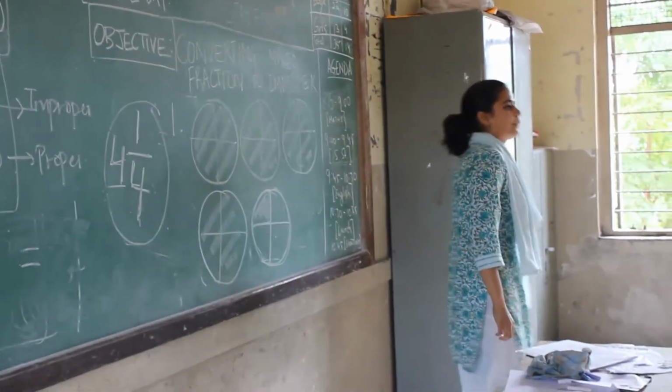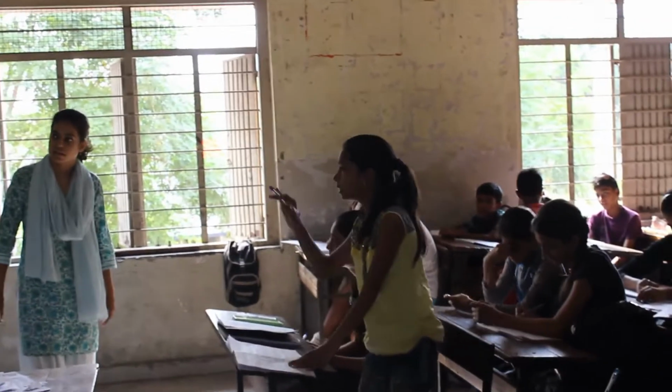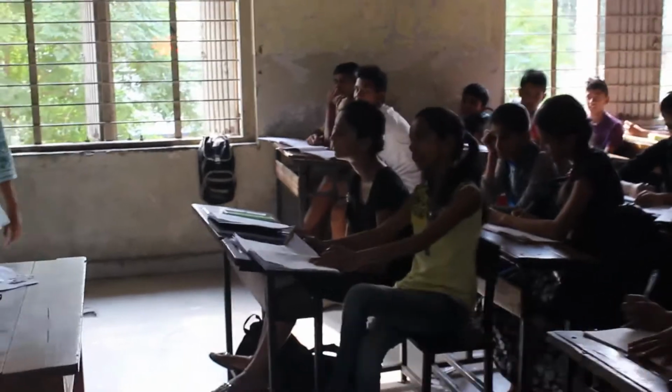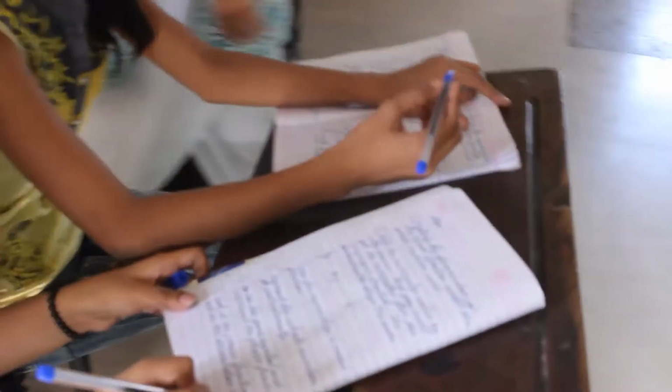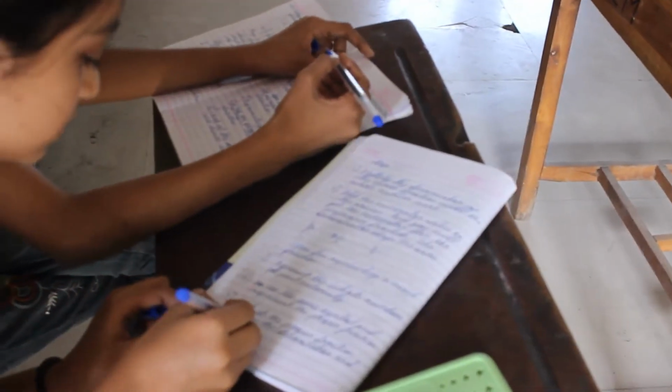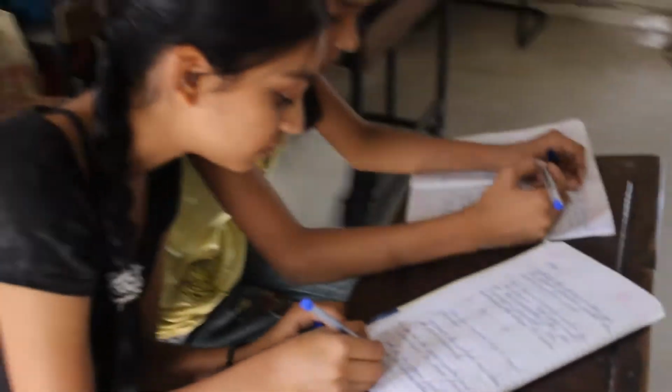Third step. Yes, Deepika. Look at the denominator and divide all the whole parts. Very good. If anyone hasn't written that, look at the denominator of the proper fraction. Divide the whole part into those many parts.